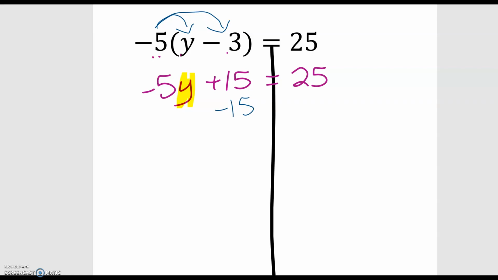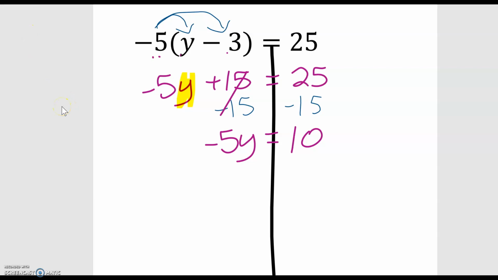However, whatever we do to the left side, we must keep it balanced and do the exact same thing on the other side of the wall. So now that leaves us with our -5y on the left. 15 minus 15 is 0, so we don't have to write the plus 0. And then on the right side we have 25 minus 15, which is 10.